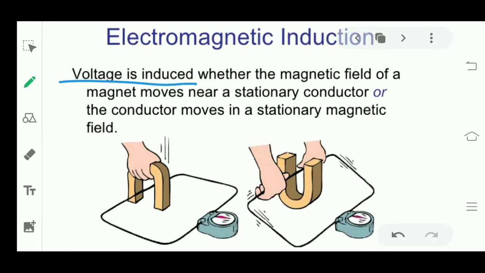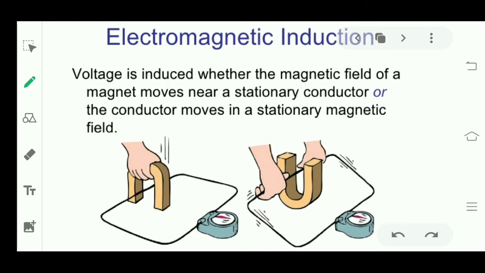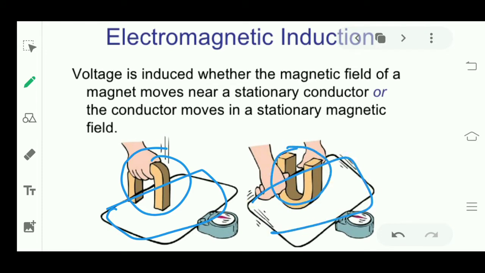This voltage is known as EMF, electromotive force. So when we move a magnet around a stationary conductor, or we move a conductor around a stationary magnet, then a voltage is induced.